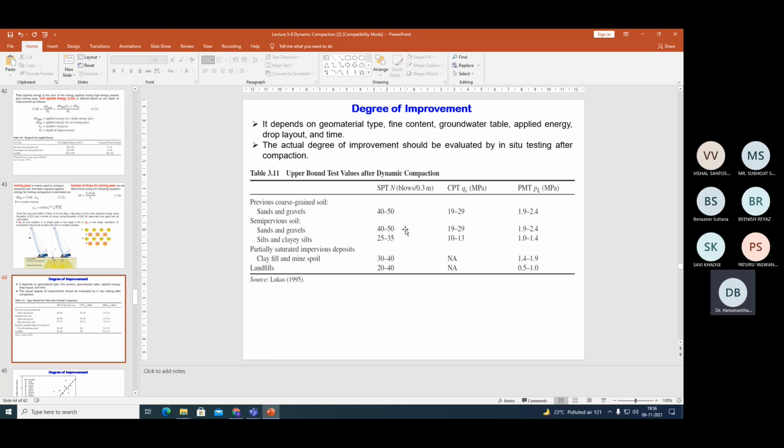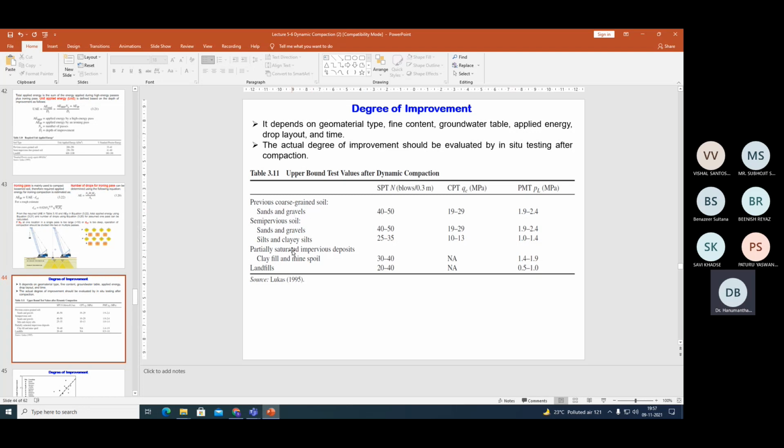Once that design is done, how shall you decide the degree of improvement? It depends upon several parameters like the soil type, how much the fines content is, the depth of the groundwater table, the amount of applied energy, drop layout, and time, and so on. There are some guidelines, again depending upon the soil types.